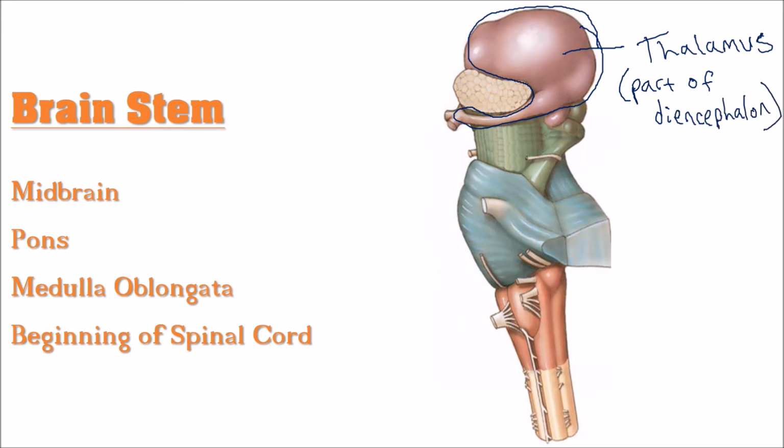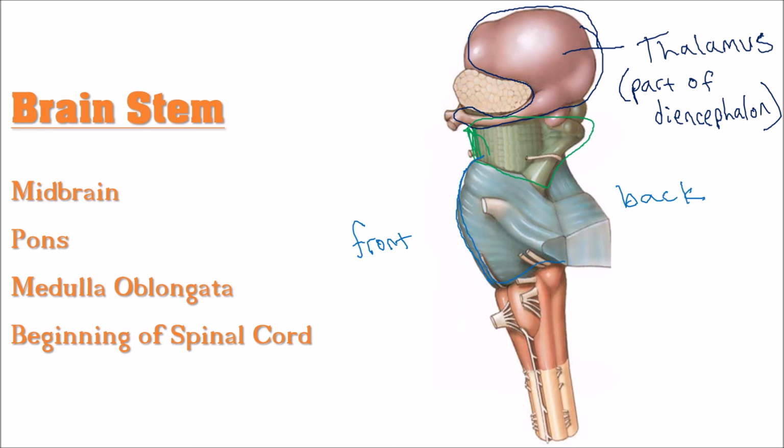Other than the thalamus, the rest of this, see this green part? I'll highlight this in green, this green area right around here. And then this part down here that has the bump in the front, this is the front, this is the back. We're looking at a side view of this.